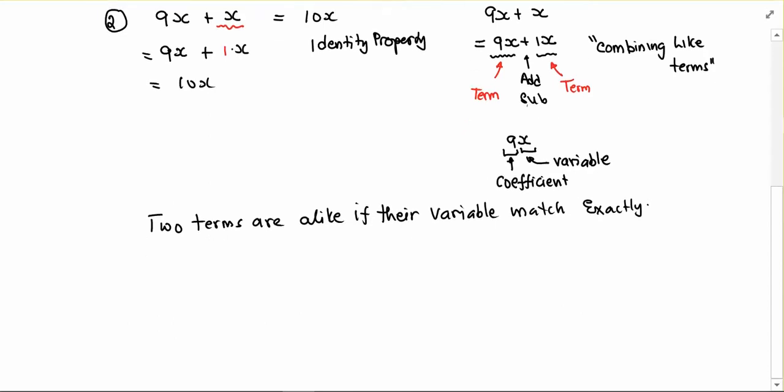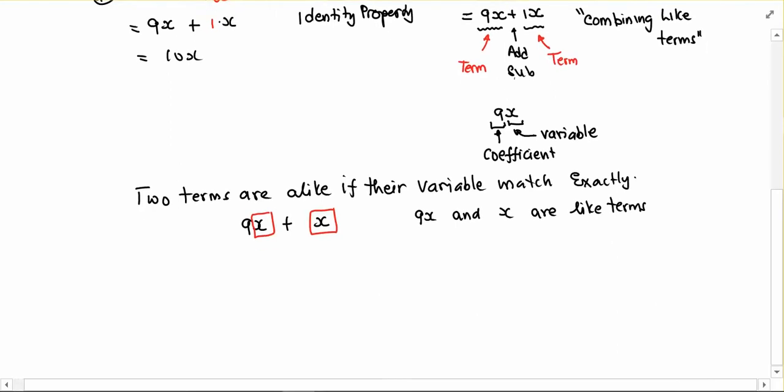So if you look at 9x and this x part, the two terms in our problem, and we focus only on the variable piece of the problem, like so, since they match exactly, since they're exactly the same, these are like terms. So 9x and x are like terms.